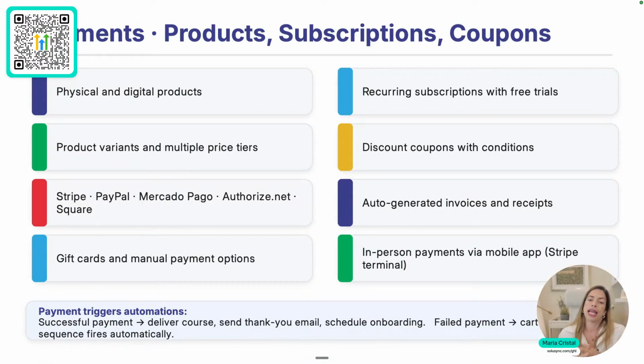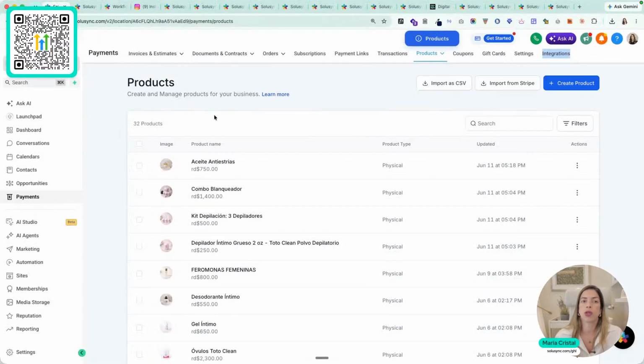Let's talk about selling physical and digital products, recurring subscriptions with free trials, for example, product variants, price tiers, discounts, coupons. Inside HighLevel, if you go to the payments area, you will see products, and every single product that you will sell, it could be a digital product or a physical product, like the same example for this hygiene products.